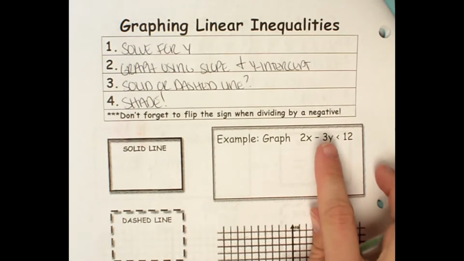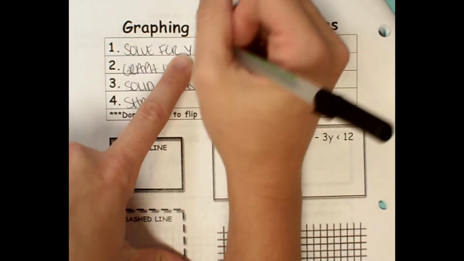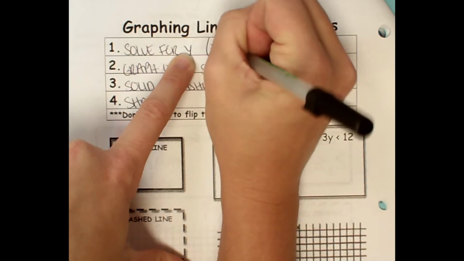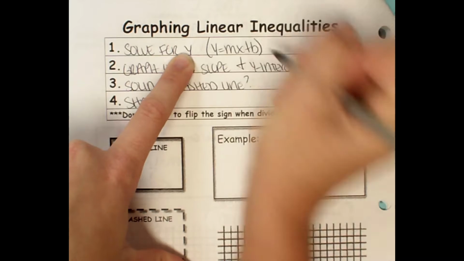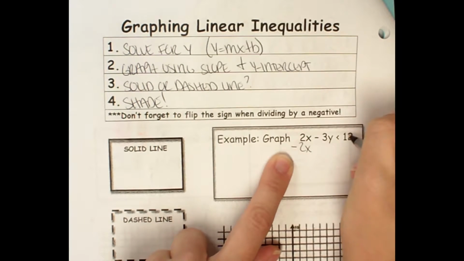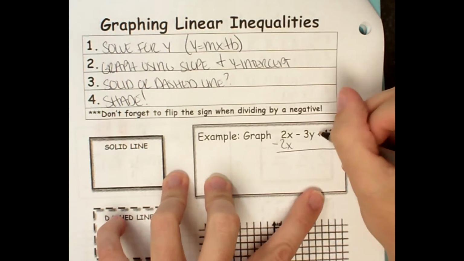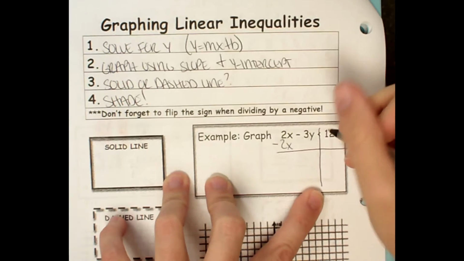So if we look at our example here, now it's in standard form. We need to get it solved for y. We need it to be y equals mx plus b. So like we've been practicing, we're going to subtract 2x from both sides. We treat the inequality just like it's an equal sign. We ignore it.